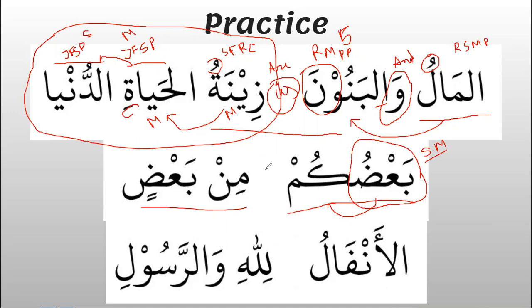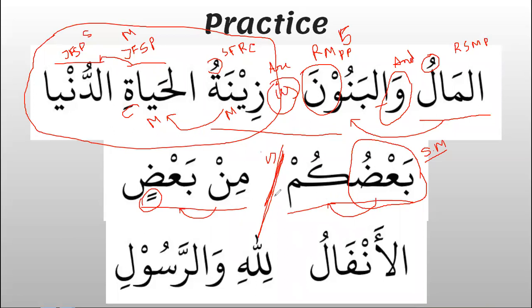There could not be any connection between these two words. So there is a break in the chain. So there will be our invisible is. What is it going to be? So is will be over here, and min is a harf jar, and ba'din is in jar status. So min ba'din is jar majrur. So there is a connection between these two words.